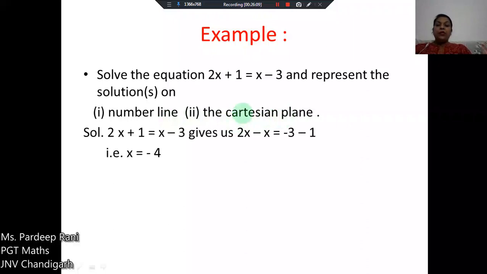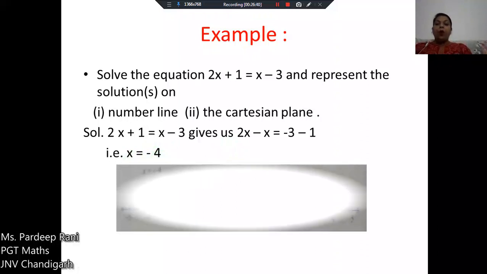Dear students, first of all we will have to solve this equation by taking the rules which I had told you earlier, that on adding or subtracting the same number from both sides of the equation, the result is not affected, or by multiplying or dividing by the same non-zero number on both sides of the equation, the result is not affected. We solve this equation and we get x equal to minus 4.